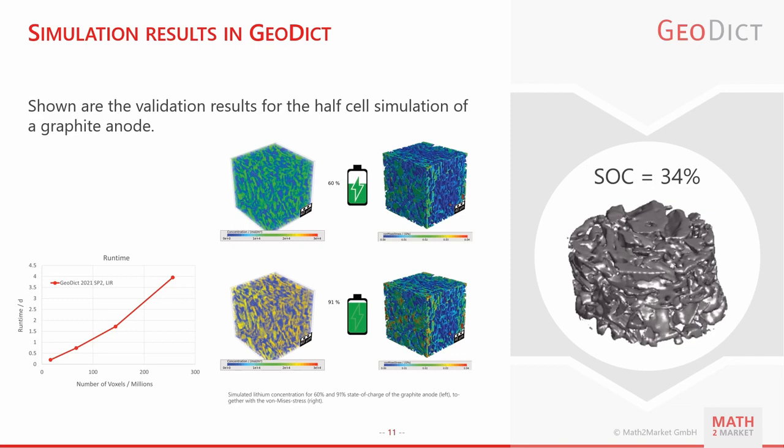And the well-established GeoDict workflow of importing, processing and analyzing 3D image data of battery materials is expanded by using powerful structure generators to create realistic digital twins of the battery materials and a virtual battery. Additionally, the damage due to mechanical deformation is simulated.